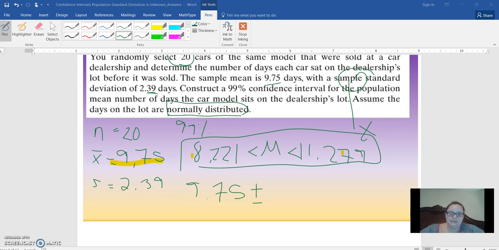Oh, I did the wrong thing. 9.75 minus 8.221. 9.75 minus 11.279. We get the exact same number, 1.529. All right, so the margin of error is a day and a half. Okay, so just make sure that you can get it both ways.